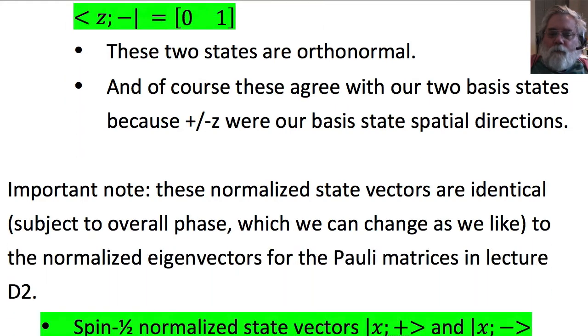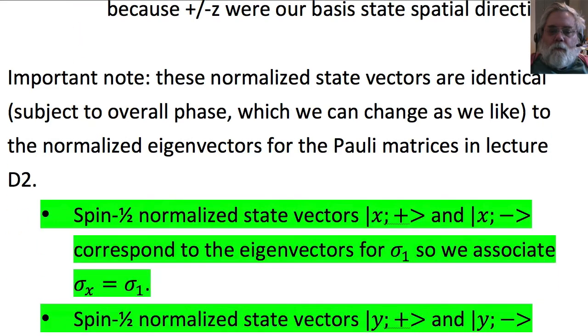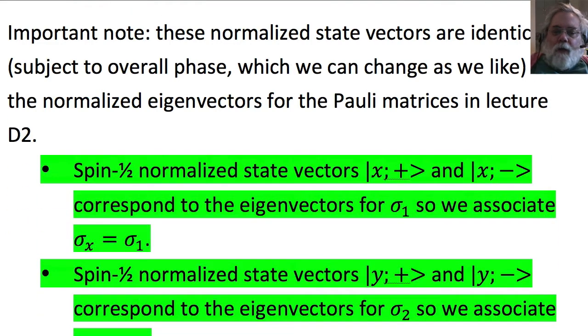Now, these normalized state vectors are identical, subject to overall phase, which we can change as we like, to the normalized eigenvectors for the Pauli matrices that we covered toward the end of lecture D2. The spin 1/2 normalized state vectors ket x plus and x minus correspond to the eigenvectors for Pauli matrix sigma 1.